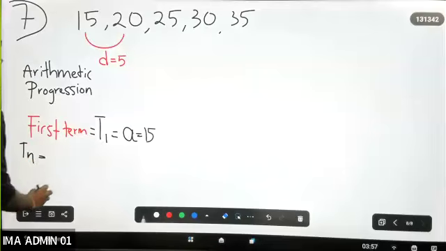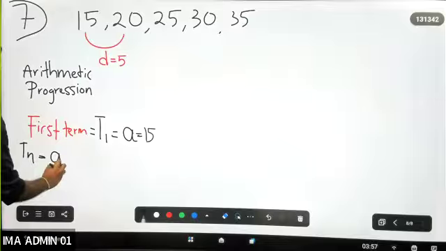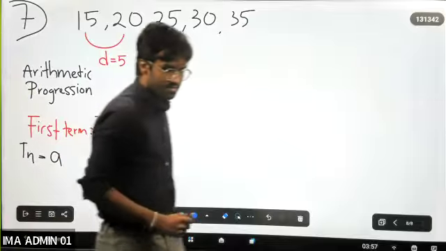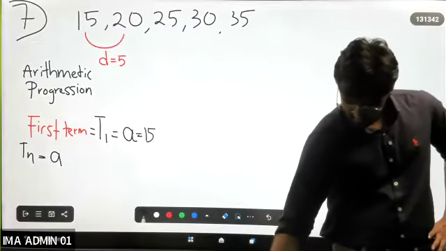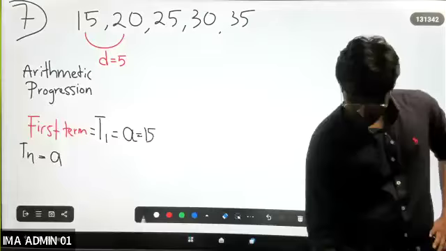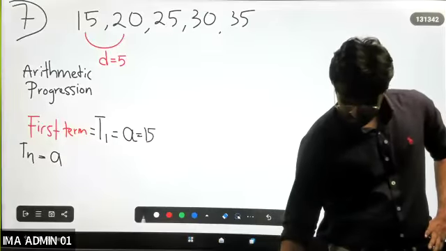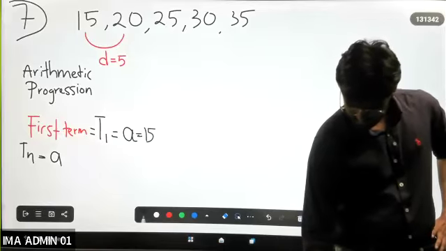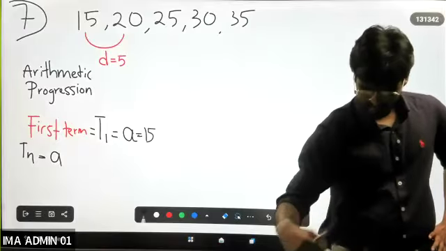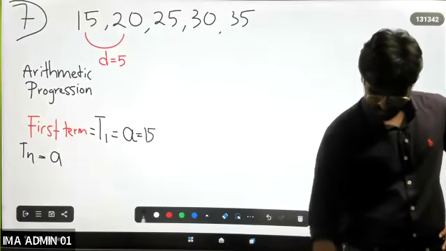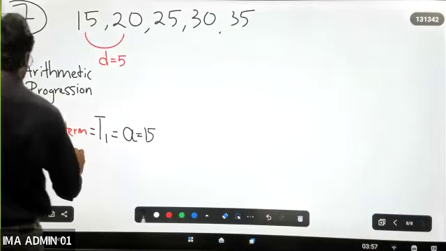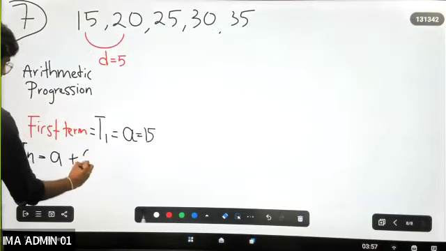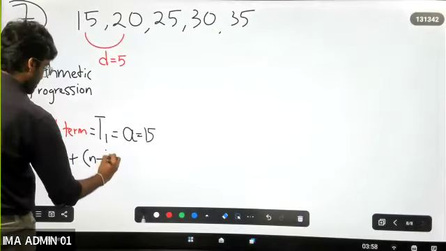Tn is equal to A plus n minus 1 times d.